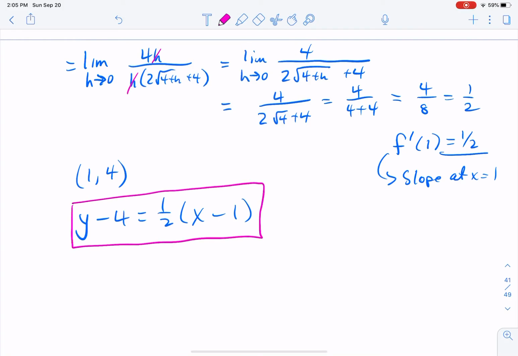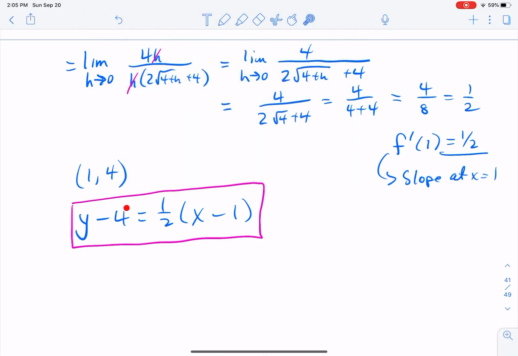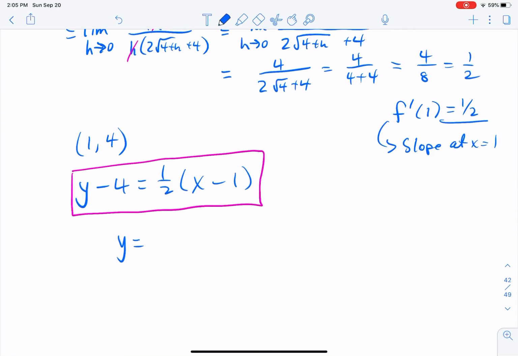Okay, now of course we could leave our answer exactly like that. What I am going to do though is go ahead and add this 4 over to the other side because I'm going to graph both of these things in Desmos just for funsies, just to verify that we did our work correctly, and also it's pretty satisfying to be able to zoom in on that point and see everything work out right. So I'm going to add the 4 over plus a half times x minus 1.